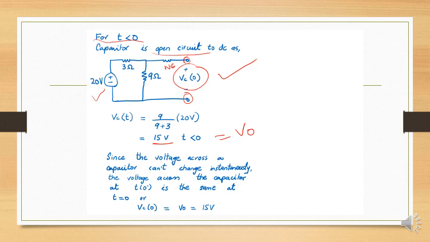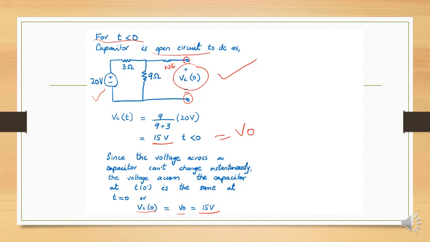As the capacitor can't change the voltage across it instantaneously, the voltage stored in the capacitor cannot be changed instantaneously. It will drain out with respect to time, slowly. So at t equal to 0, we got Vc of 0 equal to V naught equal to 15 volts, right? The voltage we found at t less than 0 is equal to the voltage at t equal to 0.